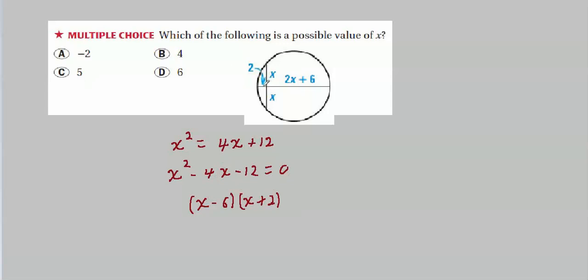x is a length. And if we have a coordinate system, minus 2 makes sense. That means 2 units off to the left. But when we're talking about lengths, I don't think minus 2 is going to make much sense for us, is it? It's dimensions, those kind of dimensions, like length, width, weight.